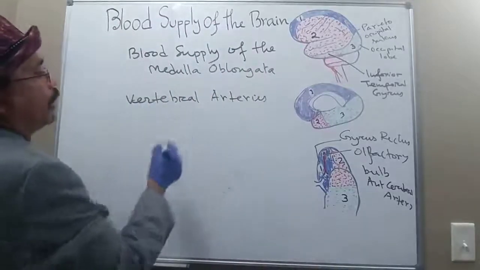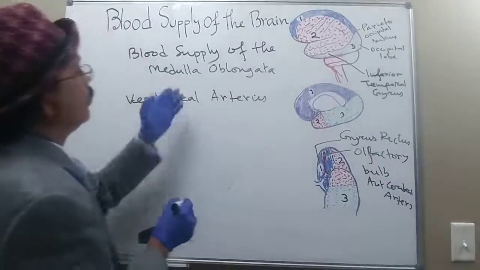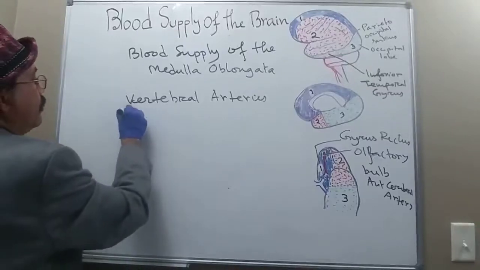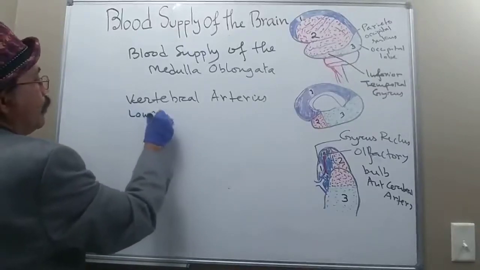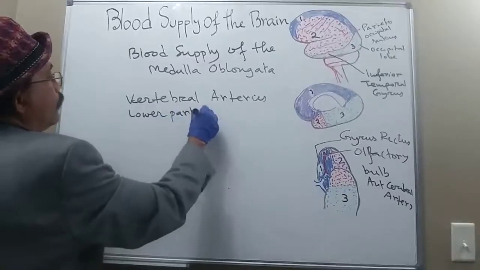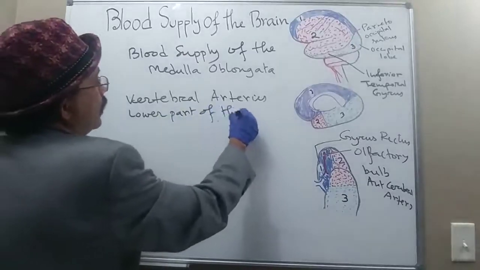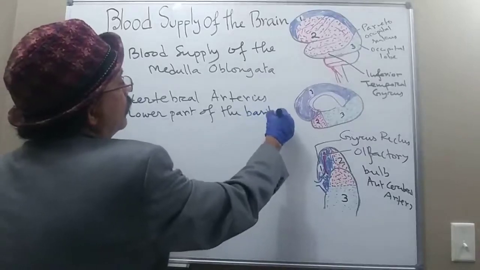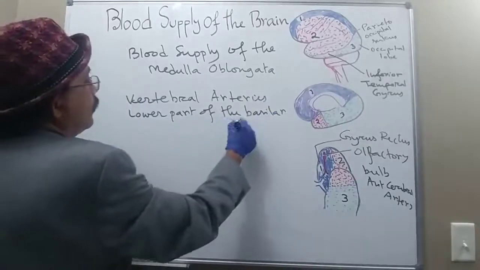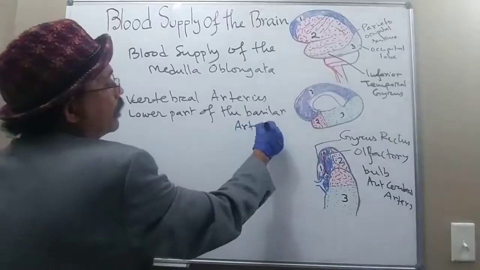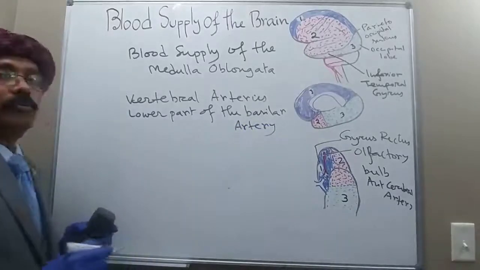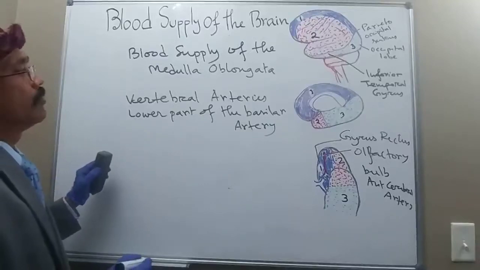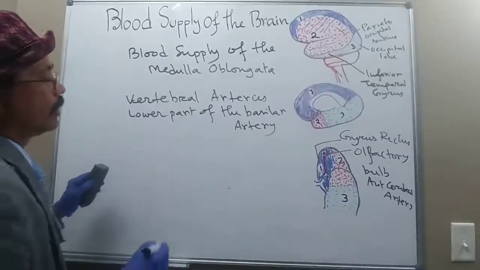Also, the medulla oblongata gets blood supply from the lower part of the basilar artery. We have only one basilar artery. We have two vertebral arteries. Okay, we got the blood supply of the medulla oblongata.